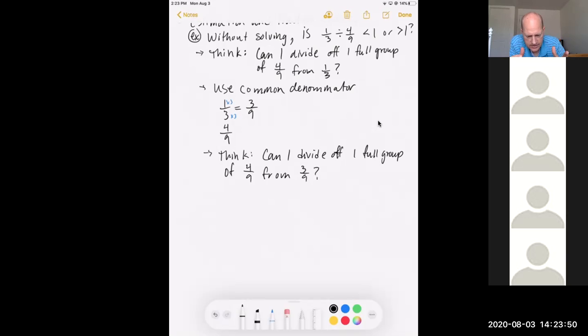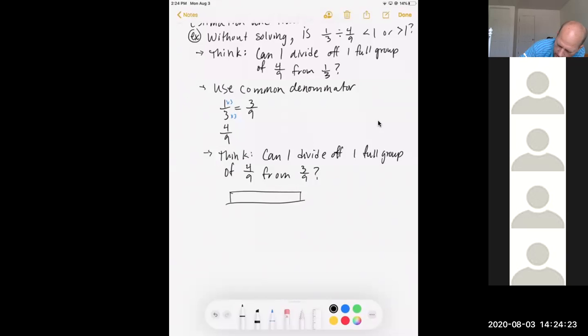If I have 3/9, can I at least subtract off one group of 4/9 from that? Yes. You're starting with 3/9. You can subtract off 4/9 from that without going negative. Right, if you have the 3, but you have 4, so you have 1 extra, so you can at least get 1 out, right?